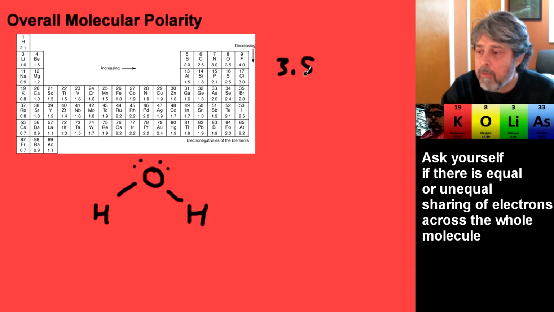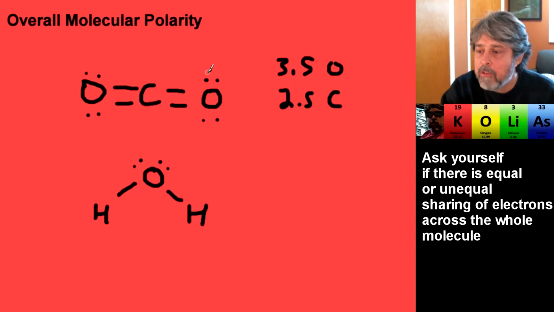Oxygen has a value of 3.5. Carbon has a value of 2.5. So the oxygens are going to be hogging the electrons. So they're going to be moving from this way over towards the oxygen, but also this way towards this oxygen. In this case, we end up having equal sharing.